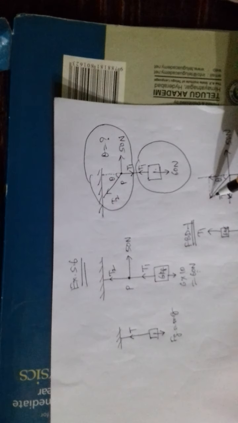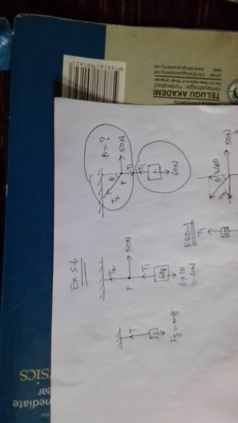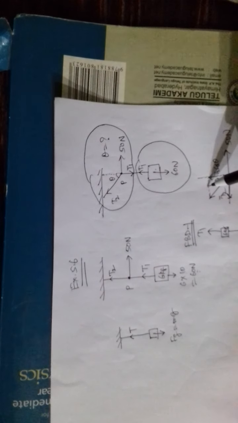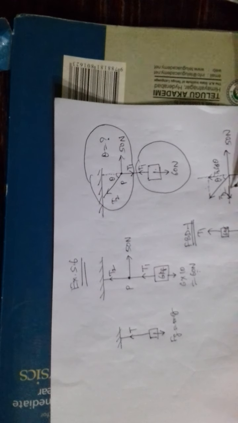Therefore, if this is T2, this will be T2 cos theta. This side is opposite to theta, therefore sine comes. If this is T2, this will be T2 sin theta. If this is T2 sin theta, this also T2 sin theta.